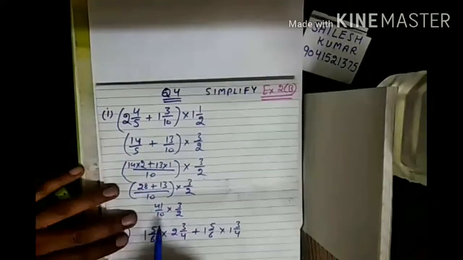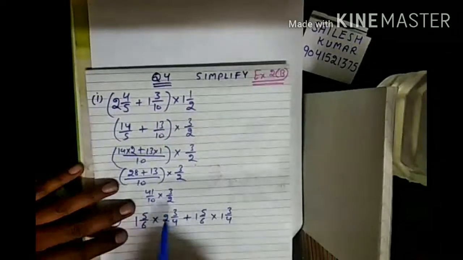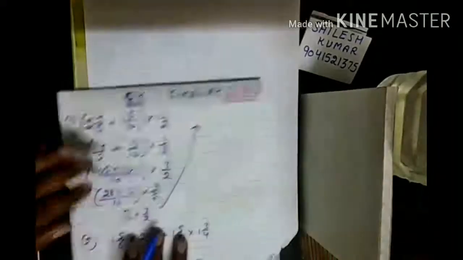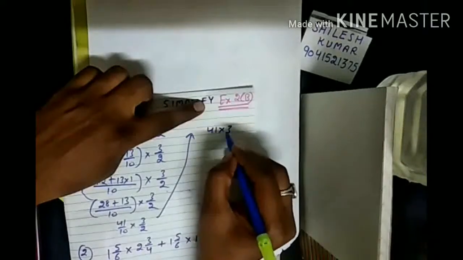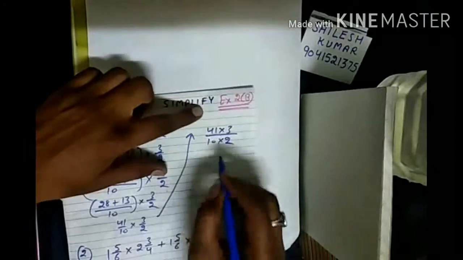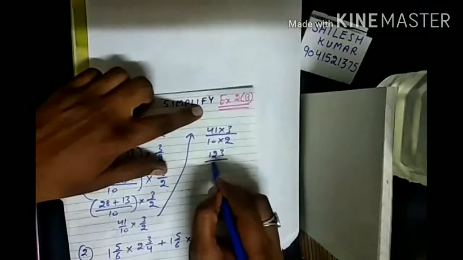Now, between 41 and 2 or 10, there is no common factor between numerators and denominators. So we will multiply the numerator with the numerator and denominator with denominator. 3 times 41 is 123 and 2 times 10 is 20.